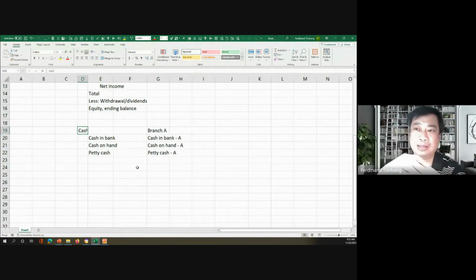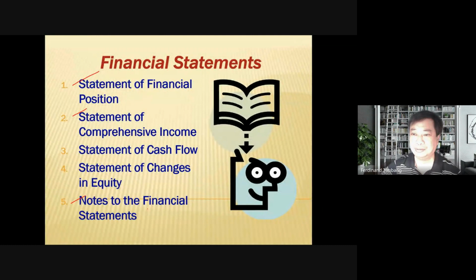Kaya pagsasama-samahin nila yon. So pagka pinagsama nila ngayon yan, papasok yan dito sa notes to the financial statements. Kaya lalabas ngayon yan, line item. Sasabihin na lang, if you want to know the breakdown of cash, see schedule number 1 o kaya see note number 1.